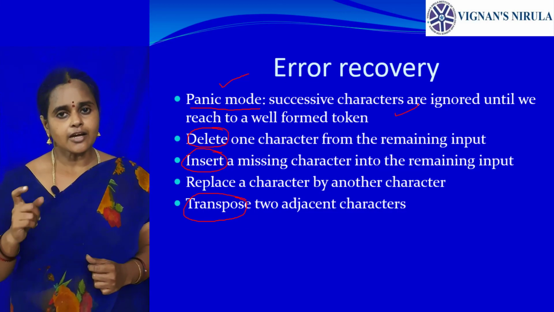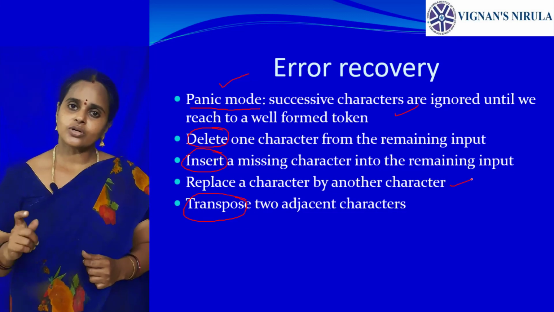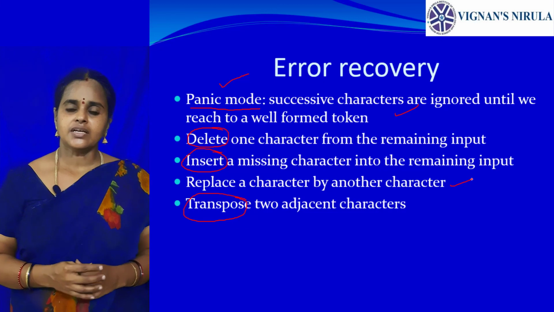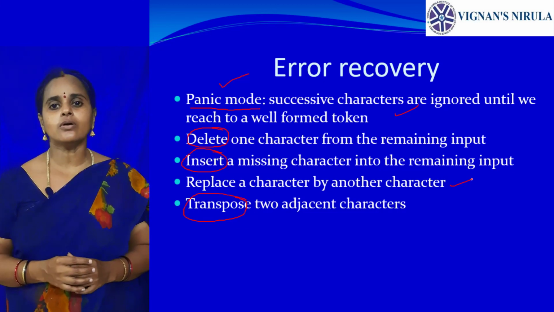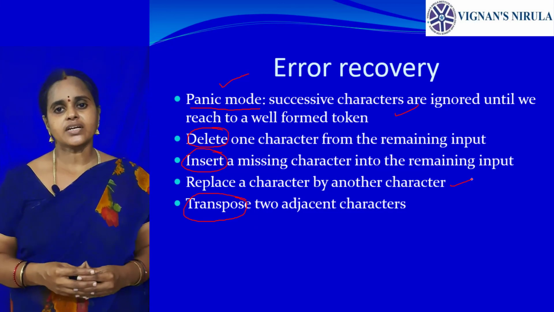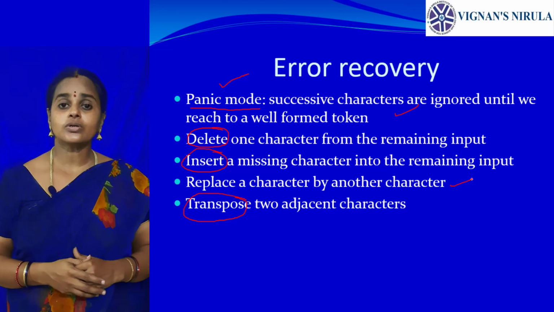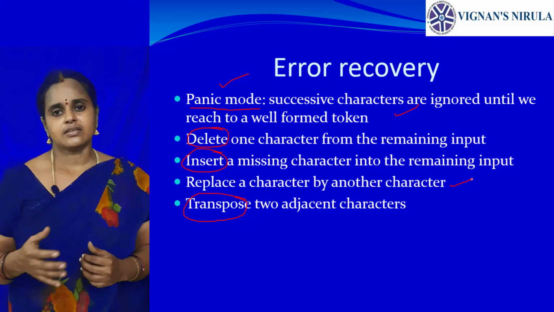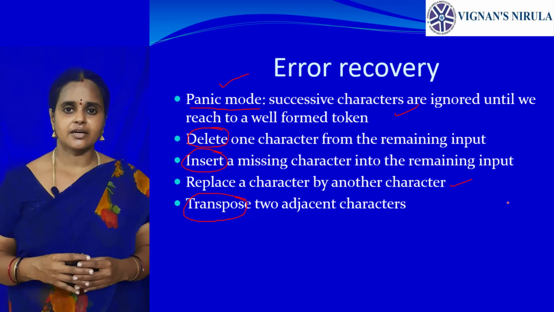Internally, each and every phase of the compiler possesses error routine mechanisms. Here it uses the panic mode error recovery mechanism. With the help of that, even these small simple typing mistakes can be corrected by the lexical analyzer error recovery routines. Is it clear?